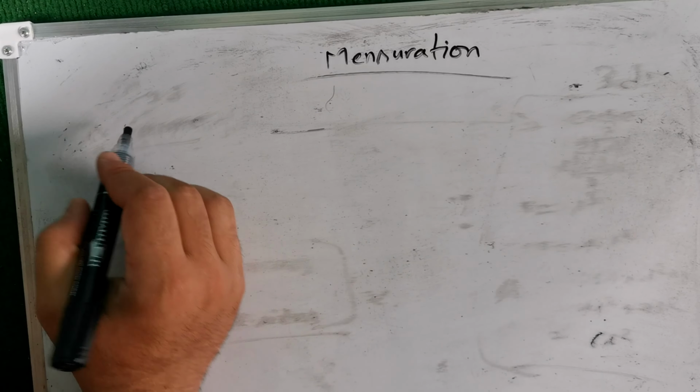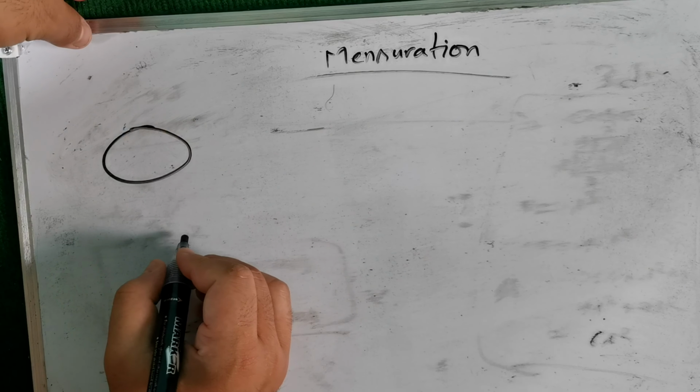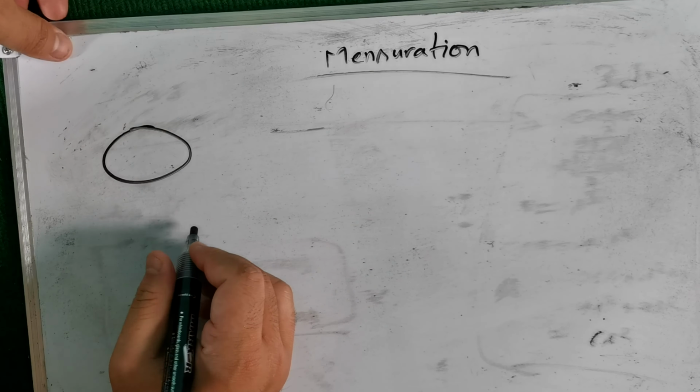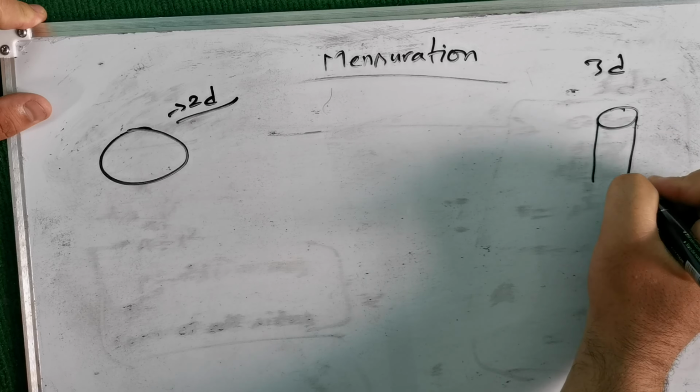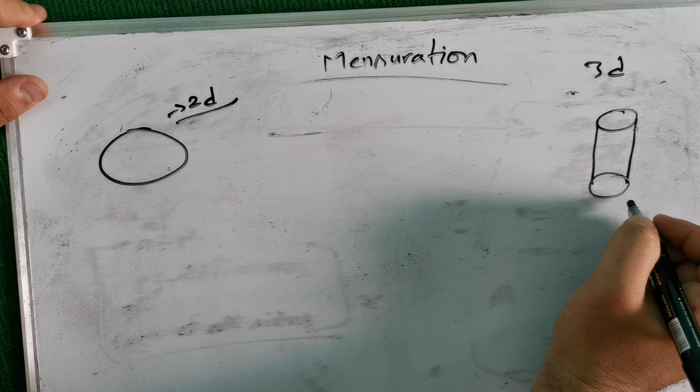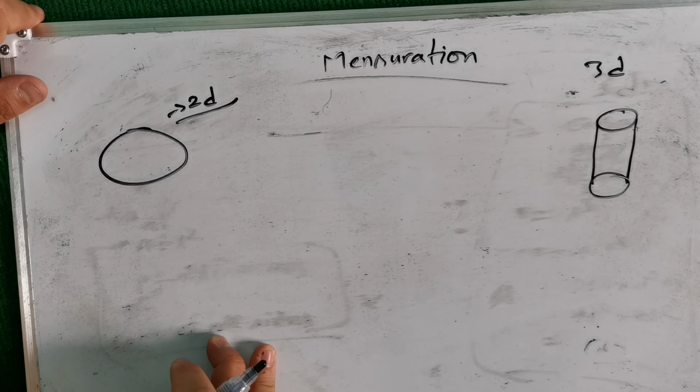Now let's talk about circle. Circle is the 2D version, and the 3D version of circle is cylinder. This is cylinder, this is circle. Area of circle is pi r square.